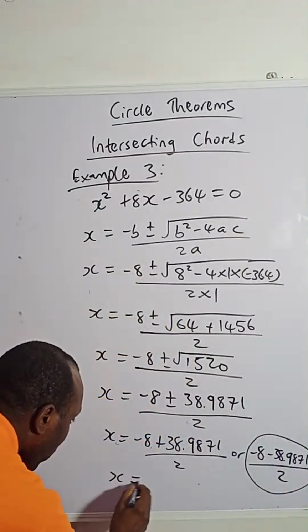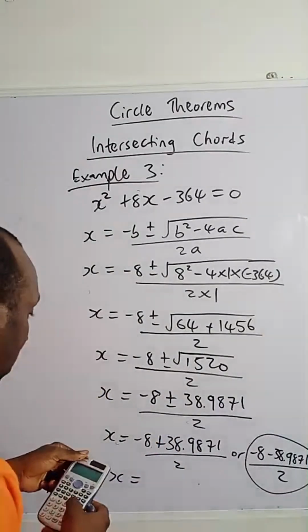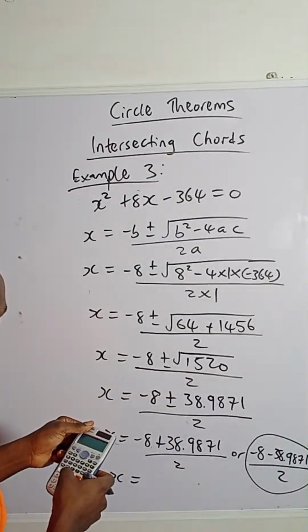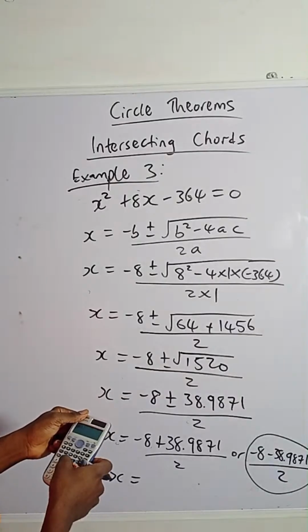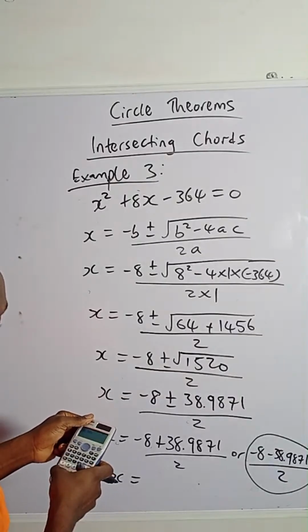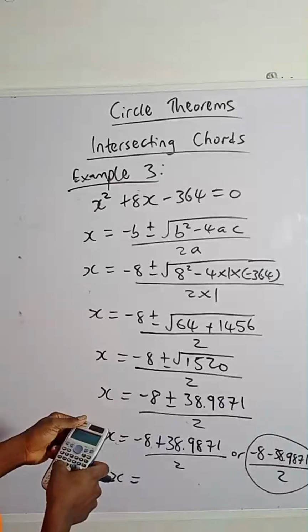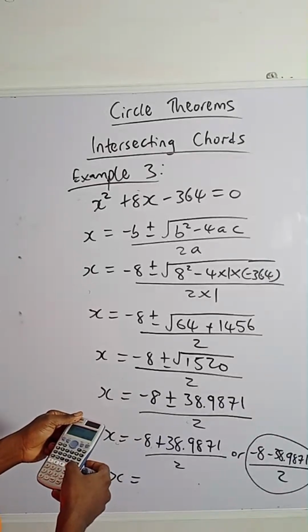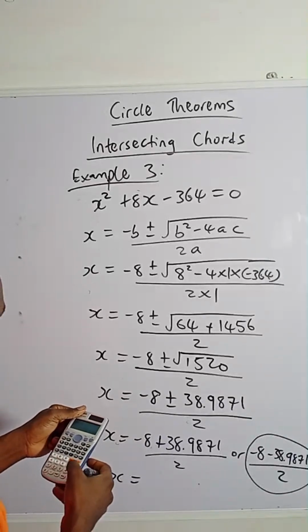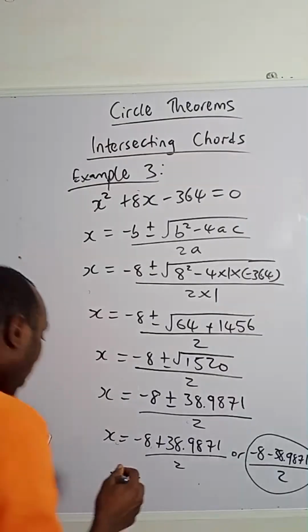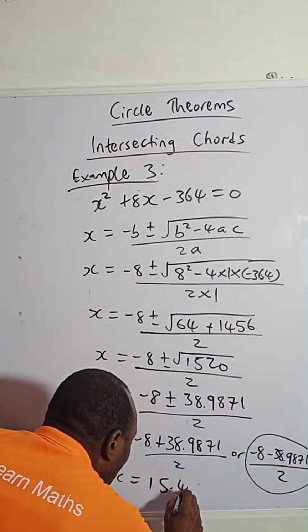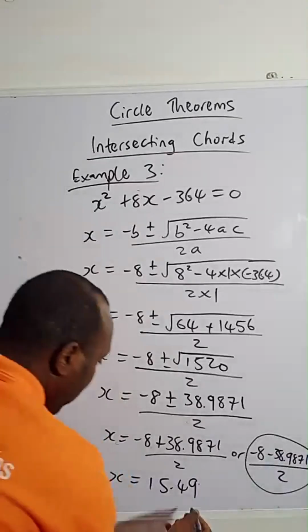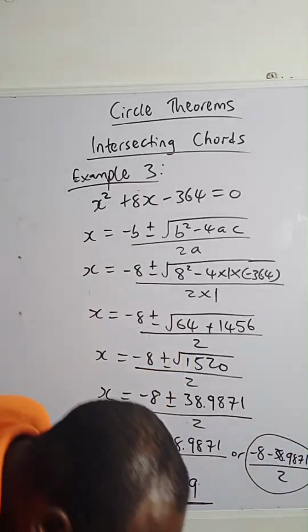We're only going to go with this, which will give us a positive result. So we have 38.9871 minus 8 divided by 2. That's 15.49. Yes, 15.49. How many of you got this?